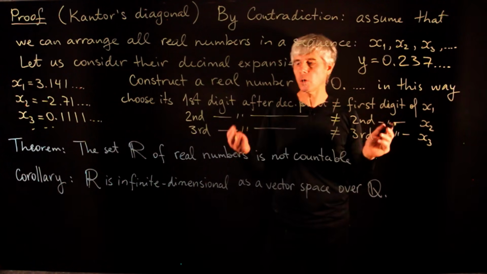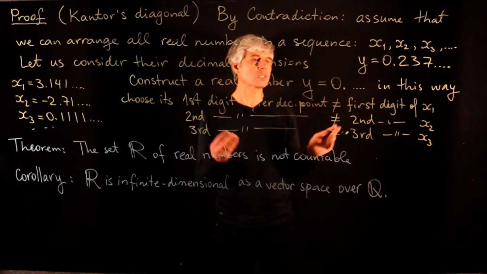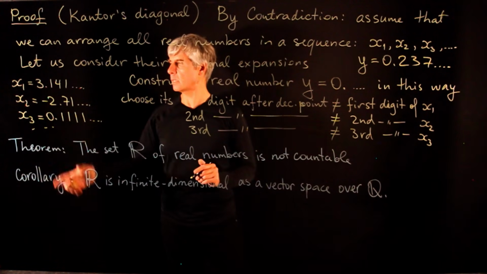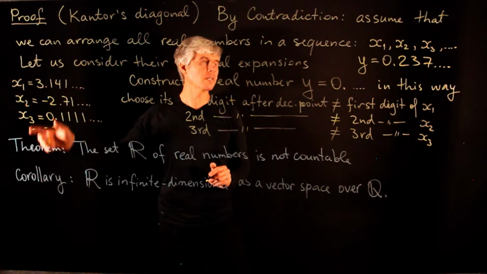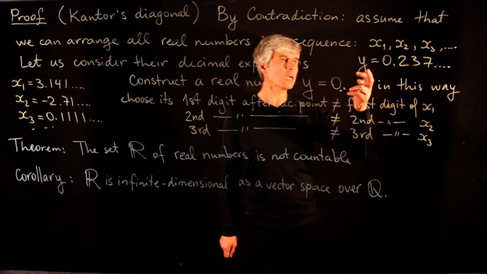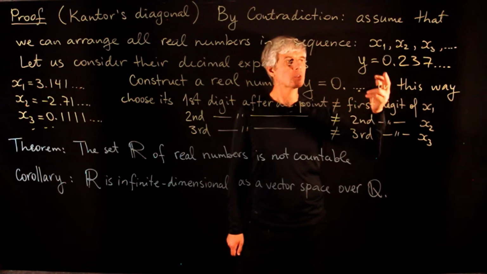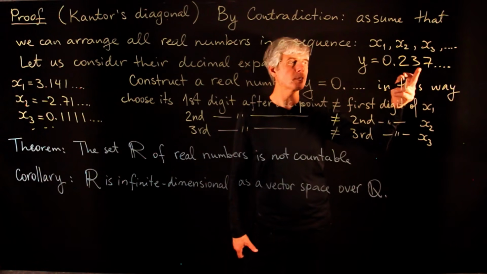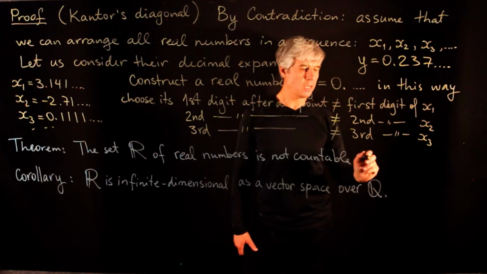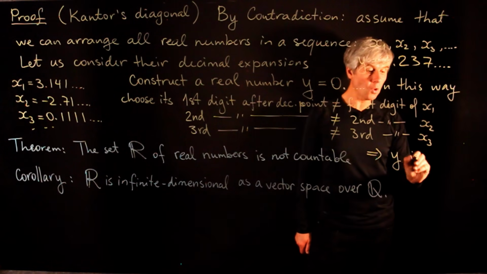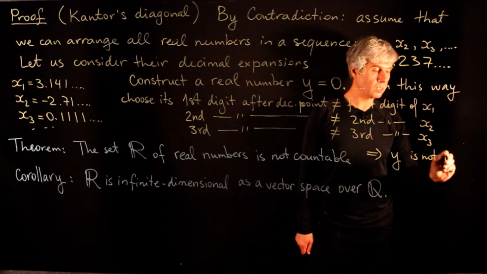There is a lot of flexibility in constructing that real number, but taking this infinite sequence that supposedly lists all real numbers, we can construct a new real number which is different from x1 in the first digit after the decimal point, from x2 in the second digit, and so on. And what we see is that y is not in this sequence.